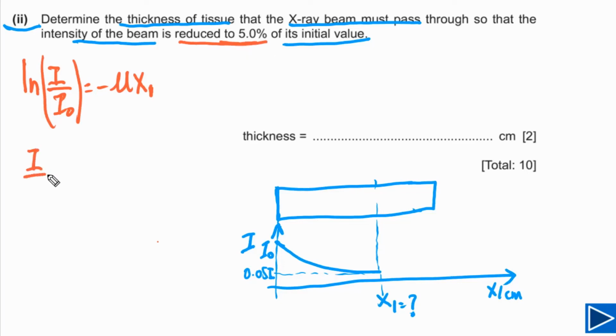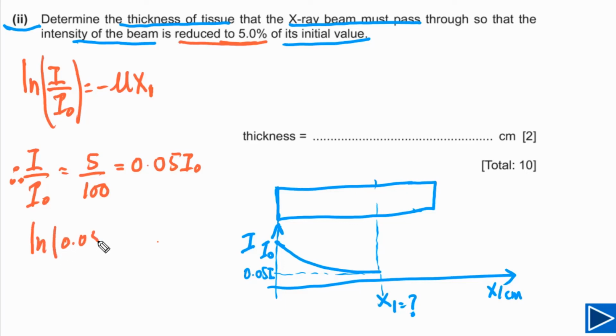It simply means that I over I naught is equal to 5 over 100, or simply we can say I is equal to 0.05 I naught. Now we simply need to plug in values, so we can say ln of 0.05.